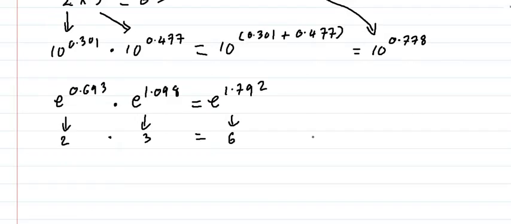The final video in this series will cover what you will probably get given in lessons on logarithms, and you get introduced to the following rather strange and probably incomprehensible observation that the log of a to the power of x equals x log a.